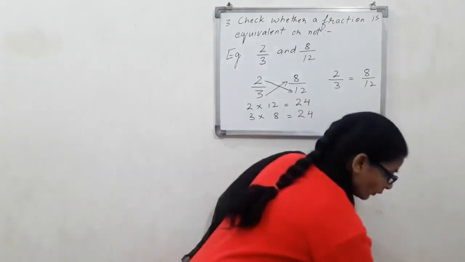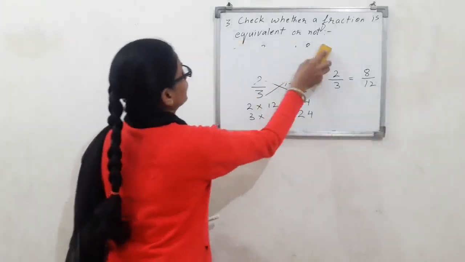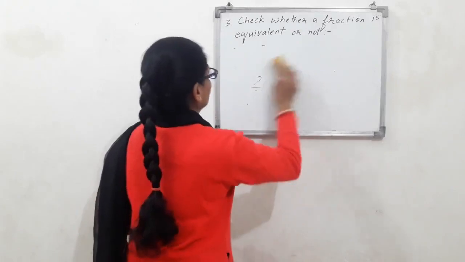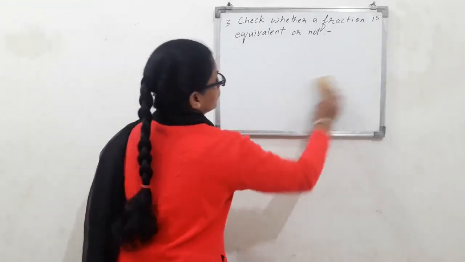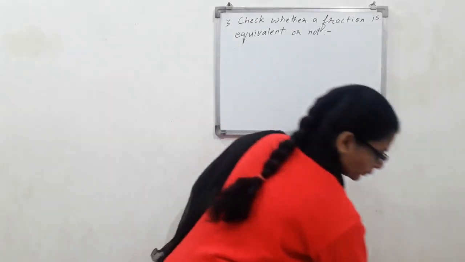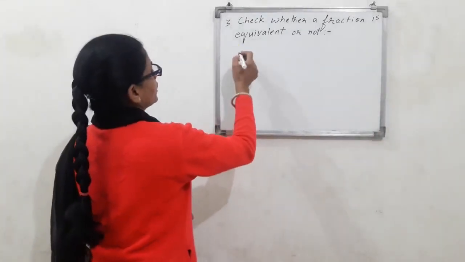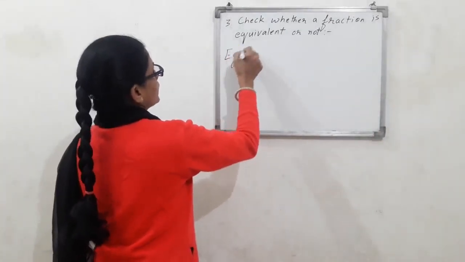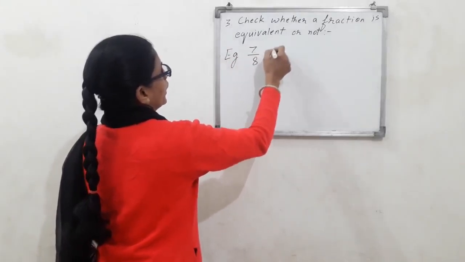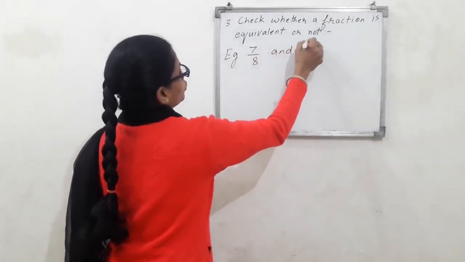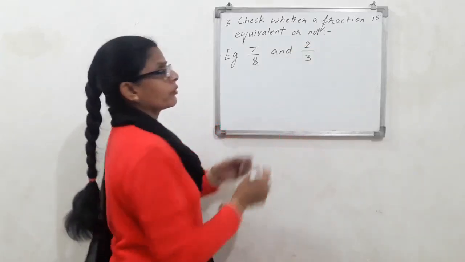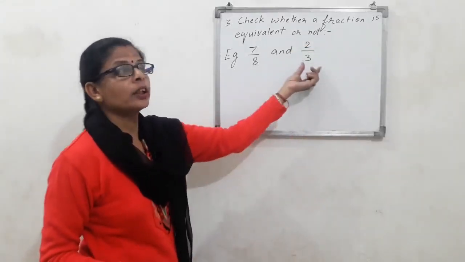Next, another example. Suppose the fractions are 7 upon 8 and 2 upon 3.